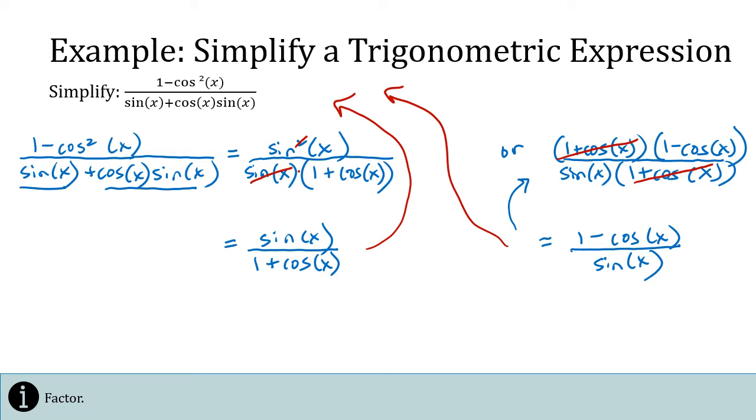I will say for the second approach that I could take this one step further, couldn't I? I could distribute that sine of x, which belongs to each one of the pieces of the numerator. So I could rewrite this as 1 over the sine of x minus the cosine of x over the sine of x.